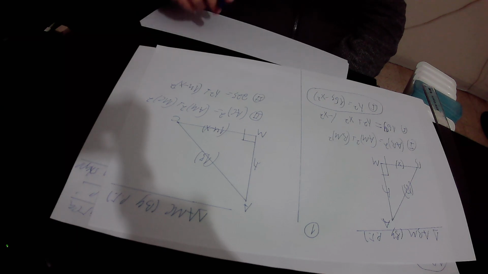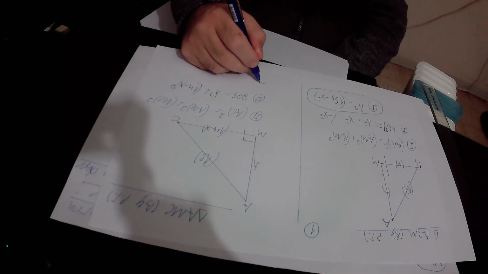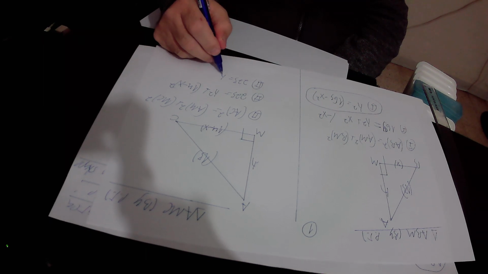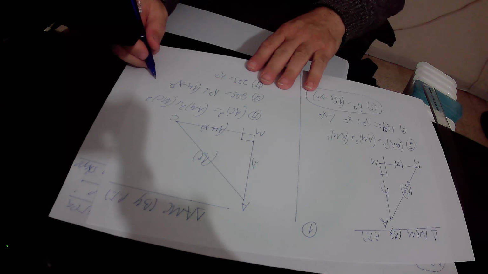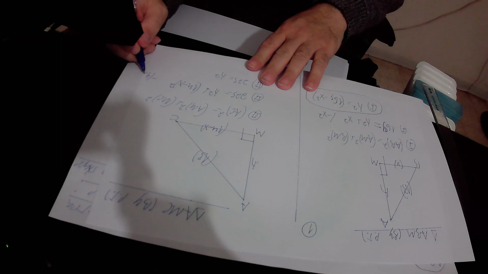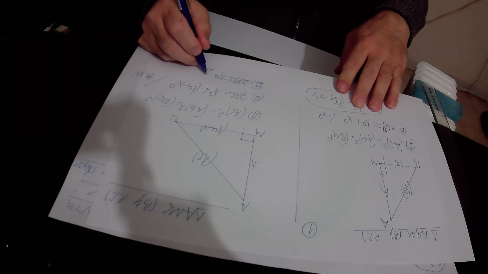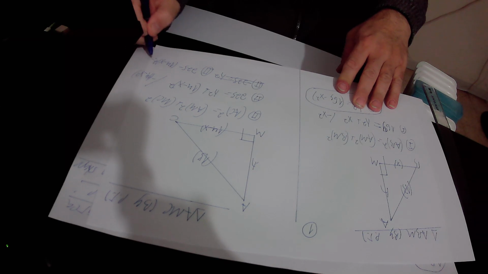So here we open the brackets in equation number 2, and subtract (14 minus X) squared from it. Therefore we get that according to equation number 2, 225 minus (14 minus X) squared equals H squared.